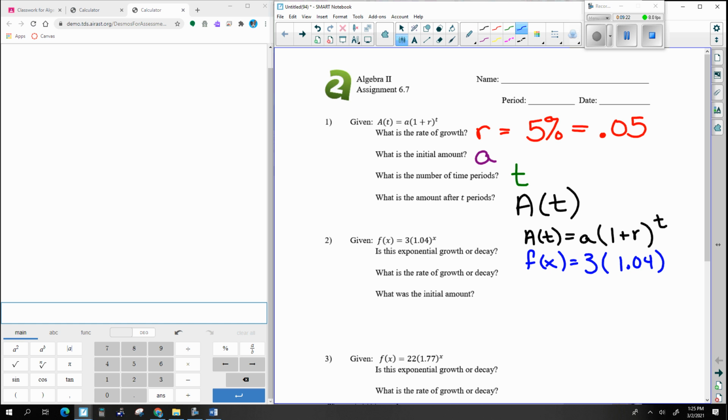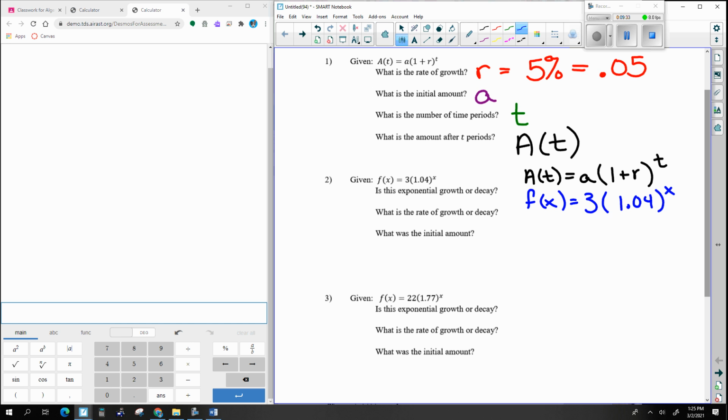That's a little odd, but not a big deal. The first question is: is this exponential growth or decay? How you determine that is this inside number right here.